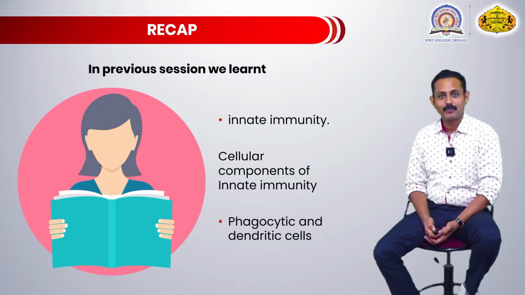In that, we saw two cells, the phagocytic and dendritic cells, and how they are helpful for the working of innate immunity.